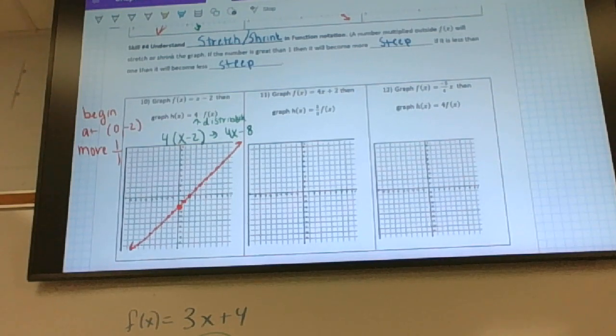You distribute the 4 in the g function. Nope, we're calling it h this time. The function h is 4x minus 8. So we begin down at -8. And we count up 4 over 1.